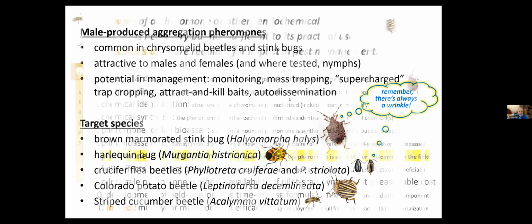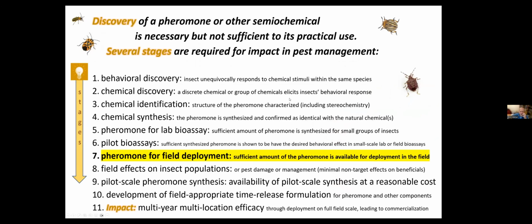So, oops. I wanted to show everybody, okay, we've discovered this chemical that does a magic thing with insect behavior. Well, there's several stages in that, but there's many stages past that until you can actually apply it to any sort of pest management.